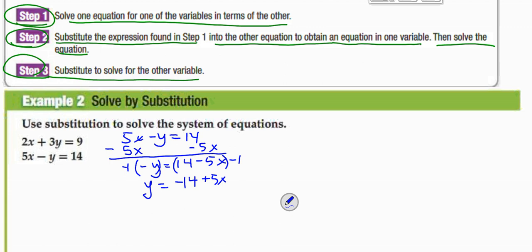I think that's maybe a little bit more natural. Y equals 5x minus 14. Now that I know what y is, I'm going to substitute that in which equation? The other equation. And so I'm going to take this 2x plus 3y equals 9, and I'm going to take this y right here, and I'm going to replace it with all that.